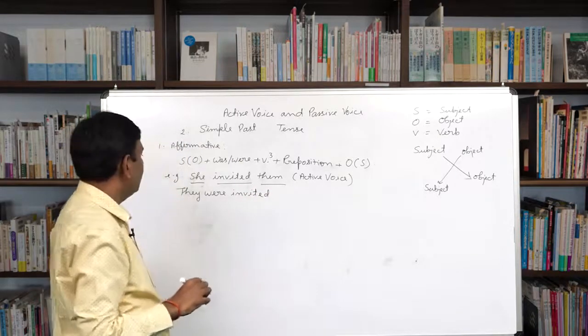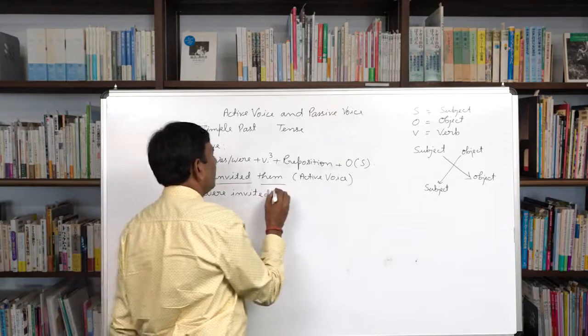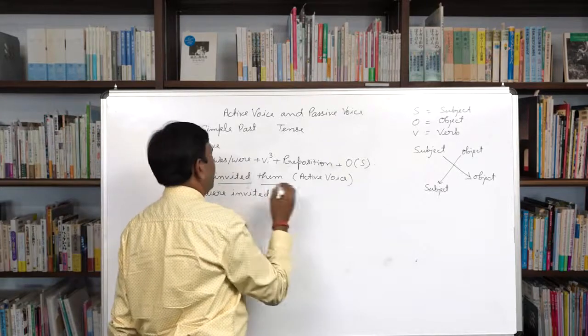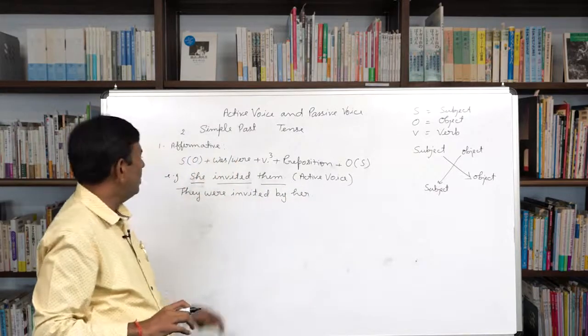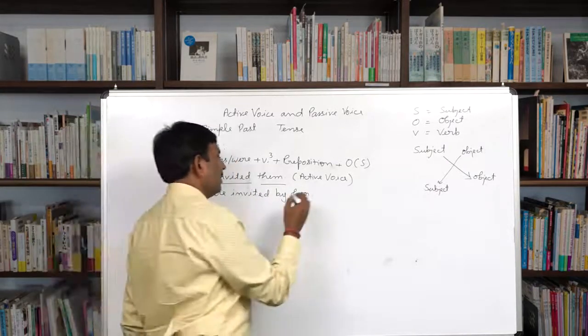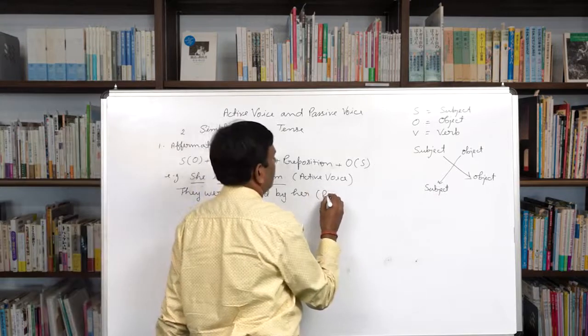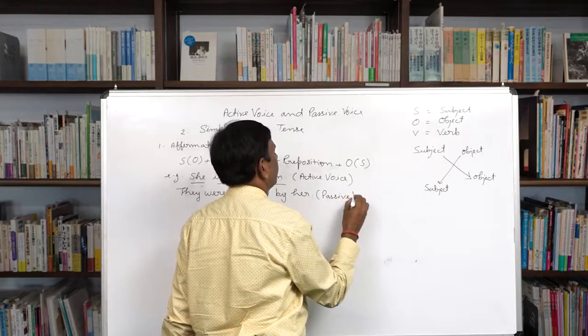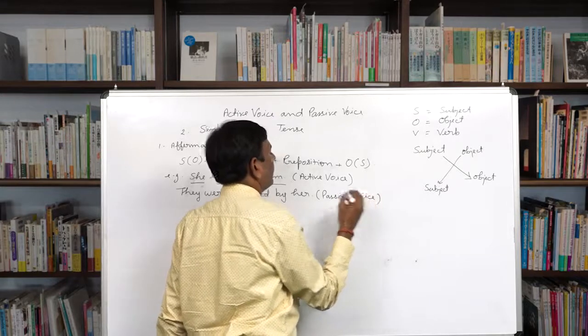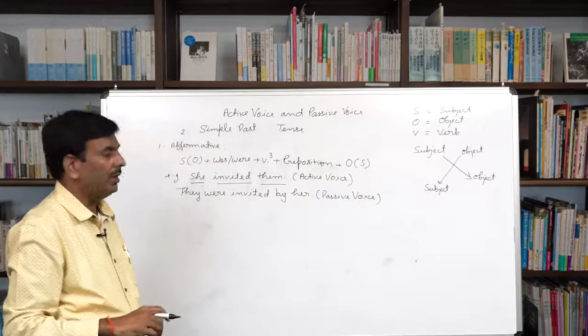This is past participle. So, they were invited, preposition by, and her. This is object of she. So this whole sentence is known as passive voice.